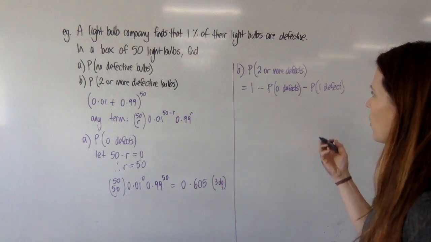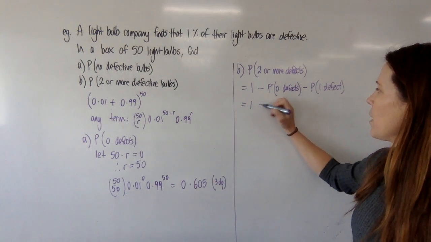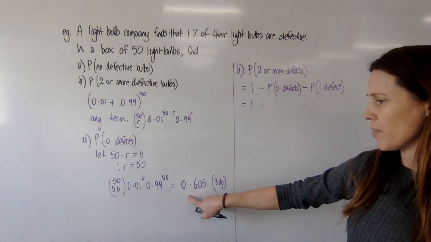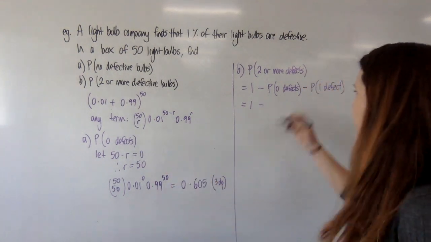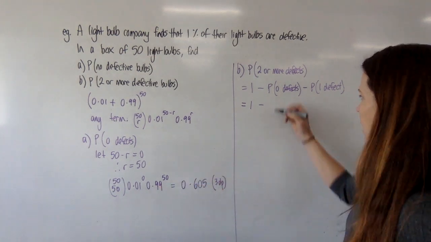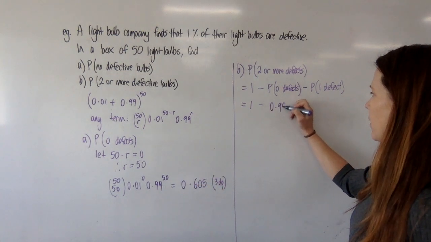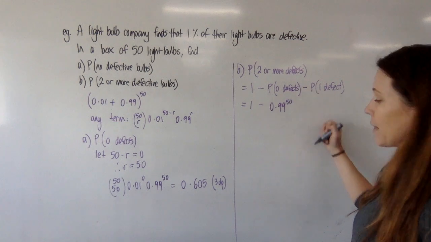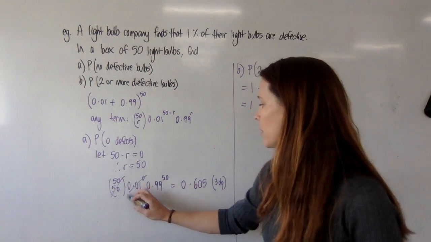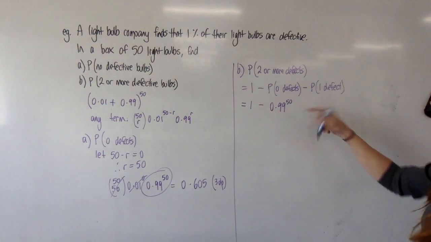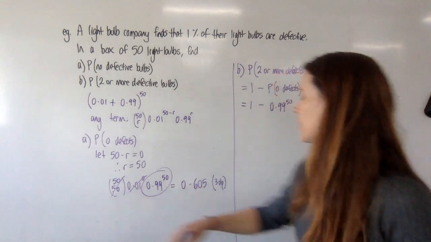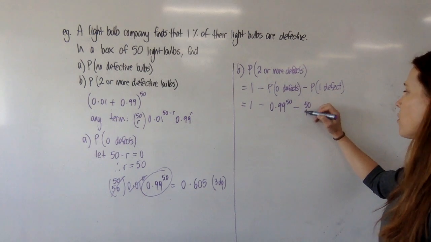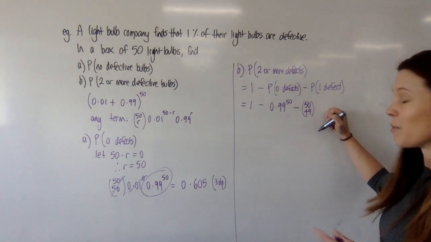One of them is something I've already found. So I've got 1 minus the chance of no defects at all, which means the good ones, we had 50 of those. I'll put that into my calculator to keep it in exact form. I'm just going to leave out the factors, because we found that this was 1 and this was 1, so we didn't really need them. And then here, the chance of getting 1 defect, I'm going to need 50 choose 49, or you could do 50 choose 1, same thing, it's going to be 50.